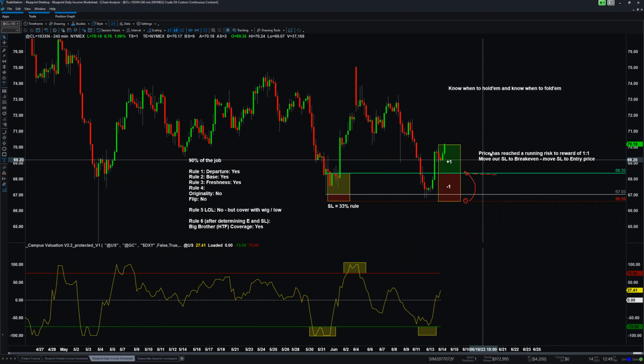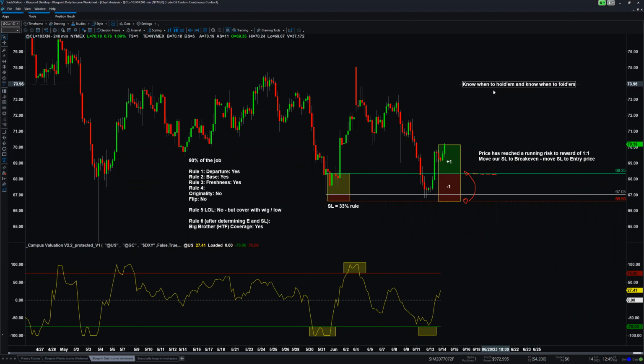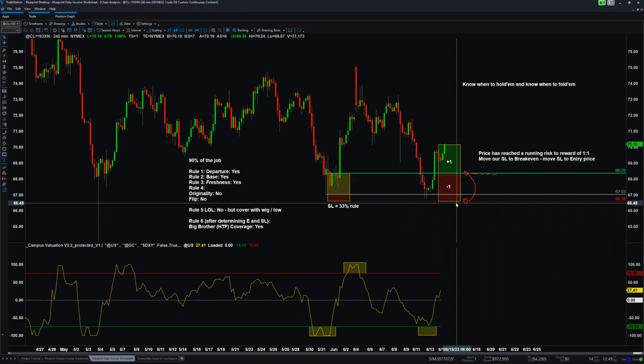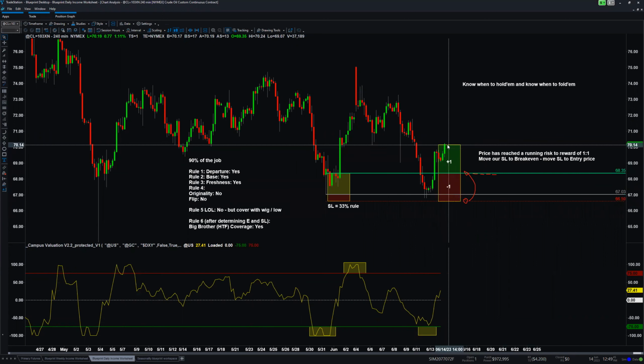And now this is a way of trade management because I'm now in the profit. If I risk $1,000 here, I'm now $1,000 in the running profit. I don't want to lose $1,000 now on this trade because that would be a delta of $2,000 that I would leave on the table, right? Because I'm already $1,000 in the plus. So I'm not going to leave $2,000 on the table.